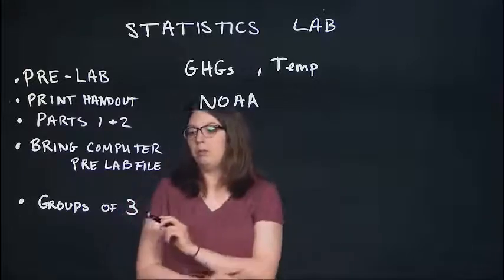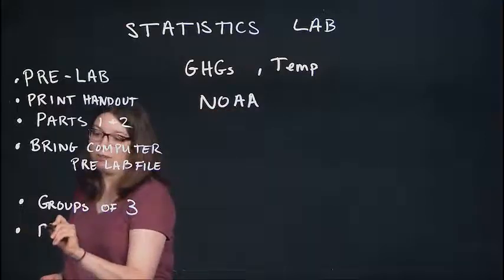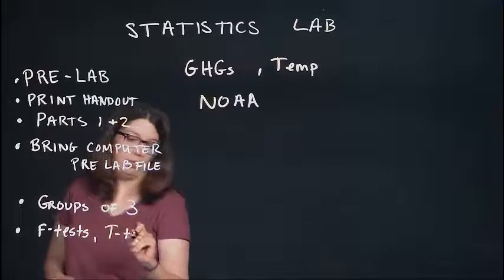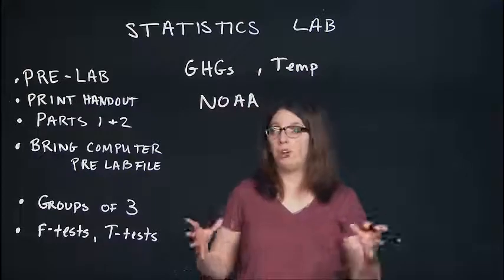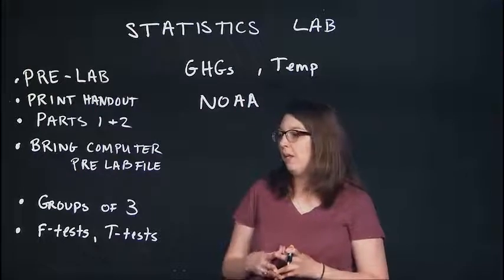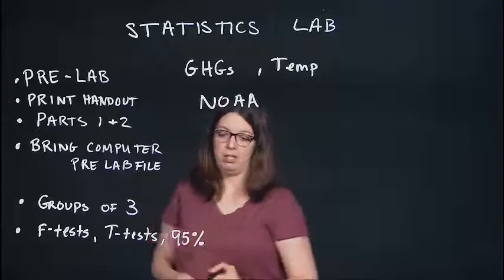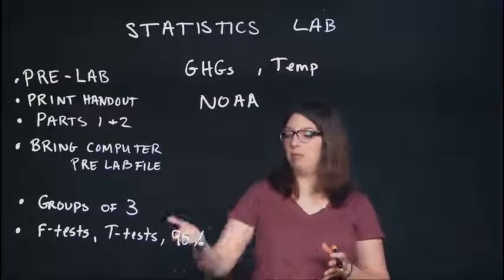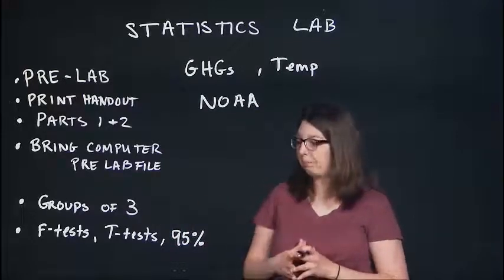Now, we want you, during the lab, to figure out when and how to use F-tests and T-tests. So we want you to use the appropriate F-test and T-test during the lab. And all of this is going to be done at the 95% confidence level. So make sure that you're using F-tables and T-tables that are appropriate for this 95% confidence level.